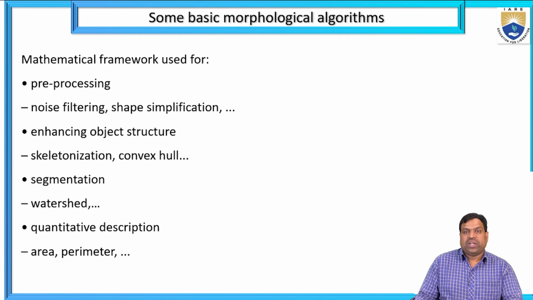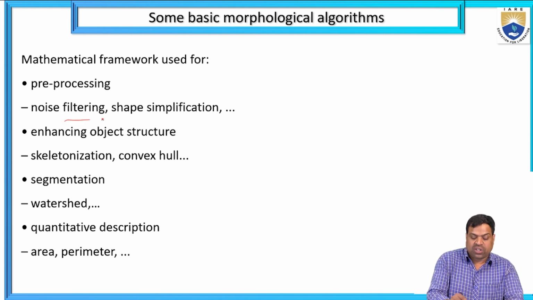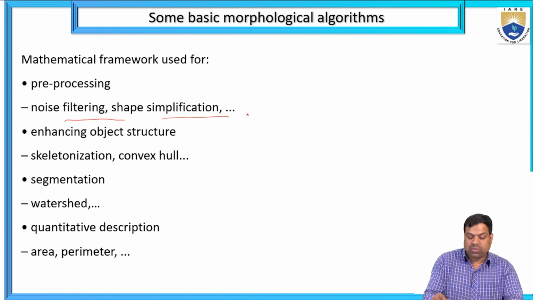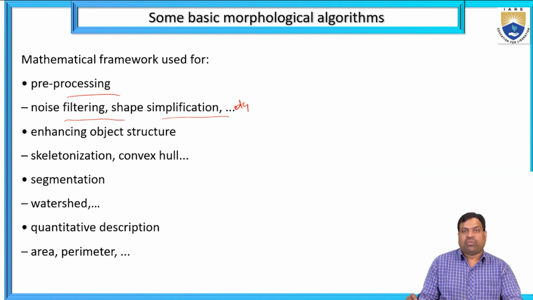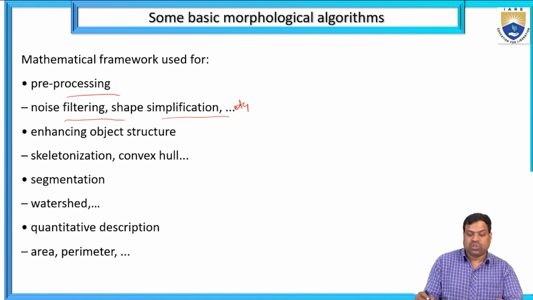What is the mathematical framework used for? It is used for pre-processing. Pre-processing is nothing but noise filtering, shape simplification, etc. Pre-processing means what we do before going for the processing. The pre-processing techniques are noise filtering and shape simplification.